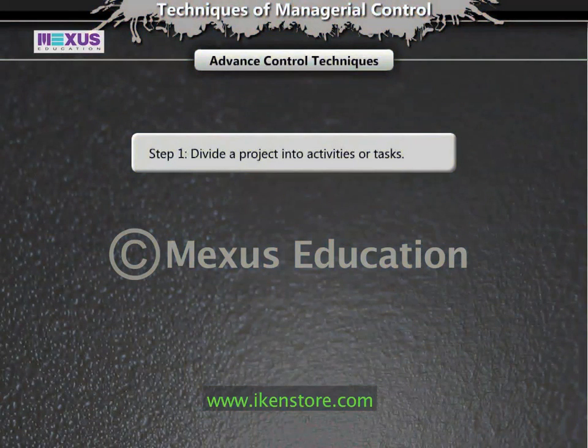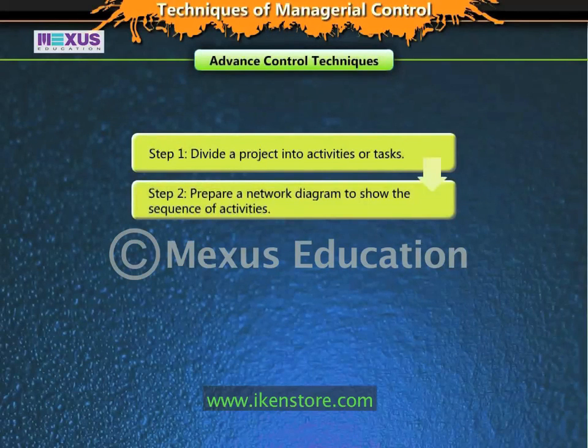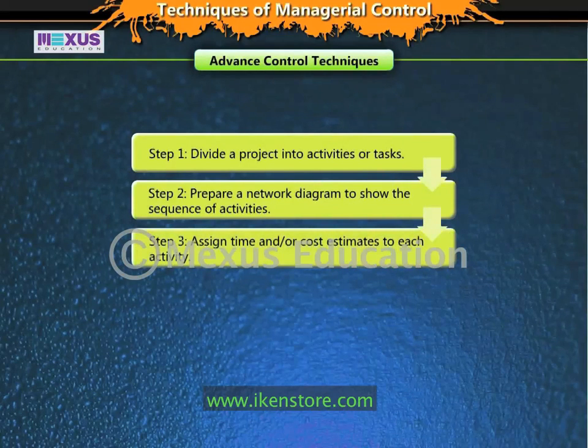Under these techniques, a manager needs to divide a project into a number of clearly identifiable activities or tasks. Then, he will have to prepare a network diagram to show the sequence of activities, the starting point, and the termination point of the project. After this, he needs to assign time and/or cost estimates to each activity.